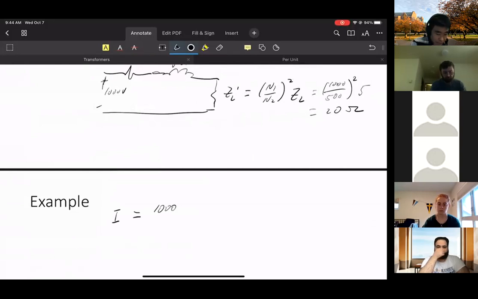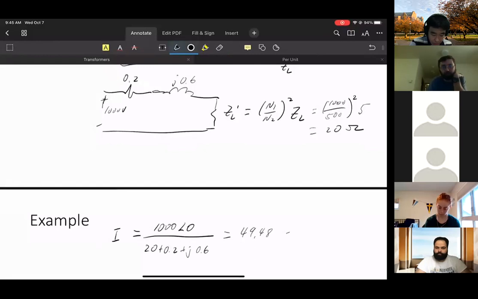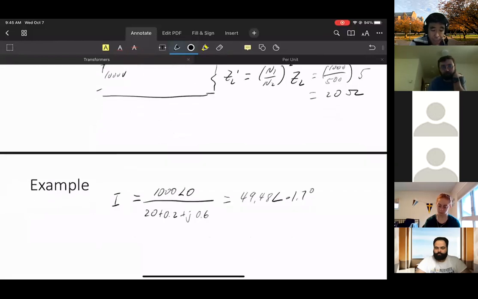So this is 1000 angle 0 over the total impedance, 20 plus 0.2, since all the elements are in series now, plus j0.6. You do this calculation and we get 49.48 angle minus 1.7 degrees. This is our current going through the load.